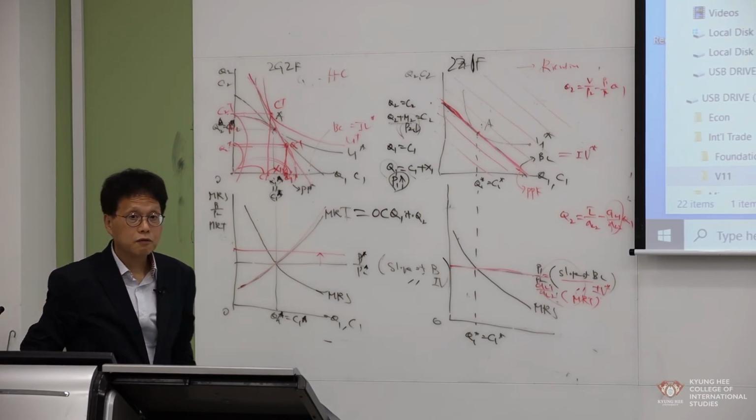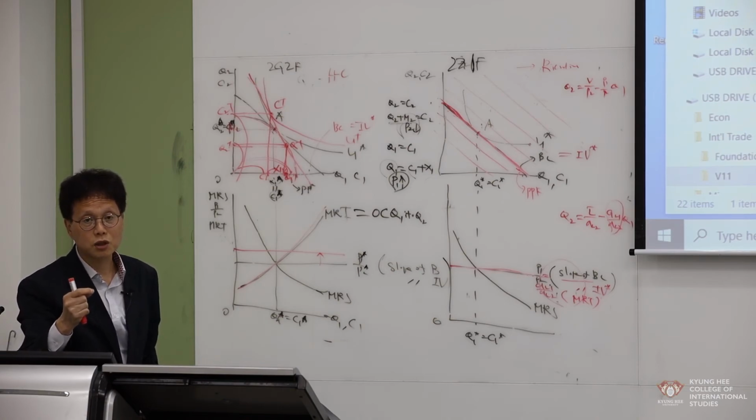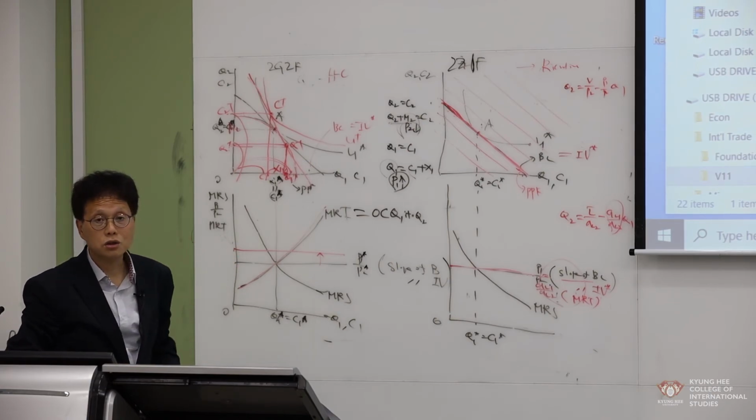And firms or countries solve the value maximization problem again to find the new Q1T and Q2T. Q1 production increases, Q2 production decreases. Can you understand? That is the conclusion of the Heckscher-Ohlin model, isn't it?